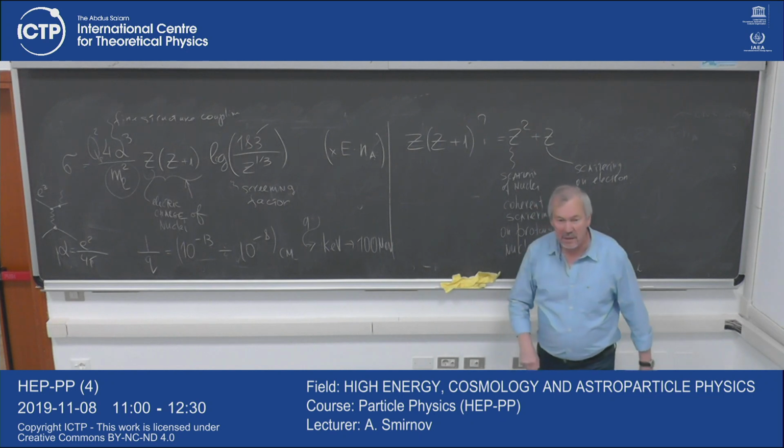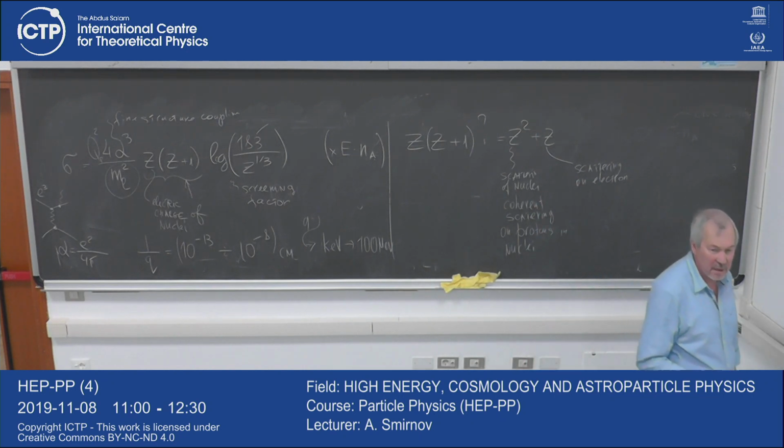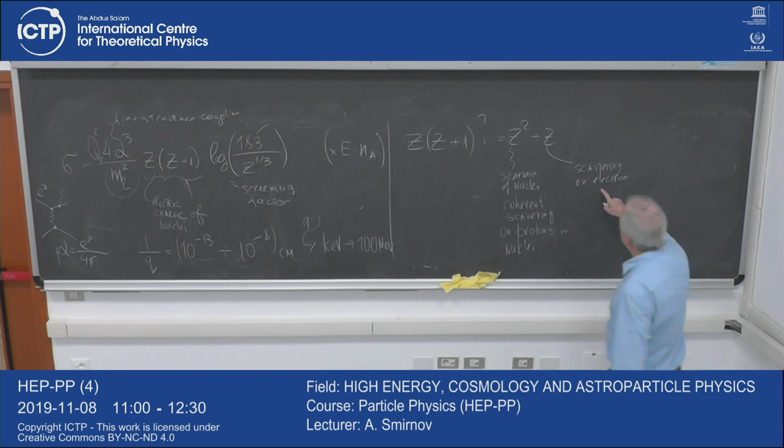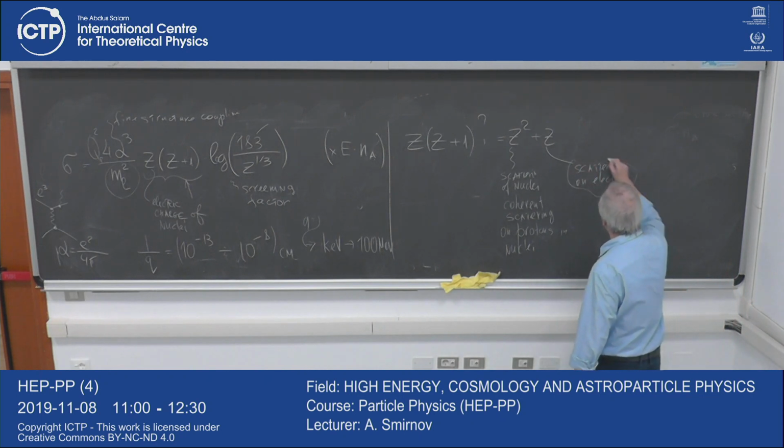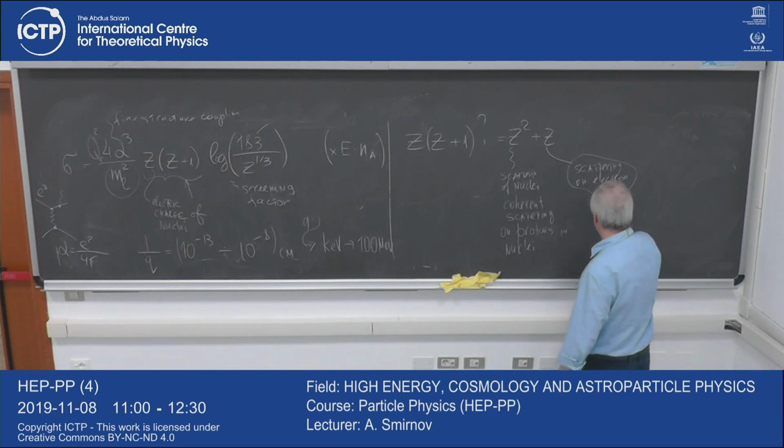So we have nuclei, the charge is Z, which means that we have Z protons in our nuclei. And here we deal with coherent scattering. Do you know what it means, coherent scattering? And in the case of electrons, scattering is incoherent.